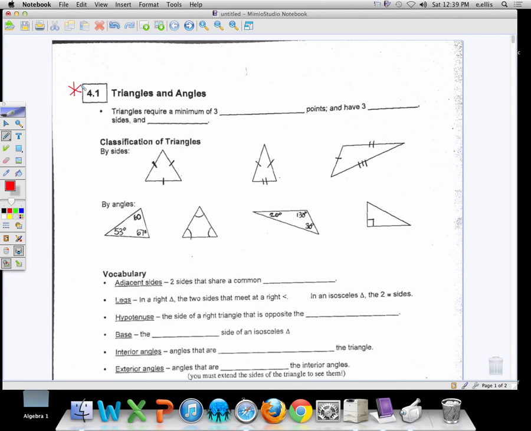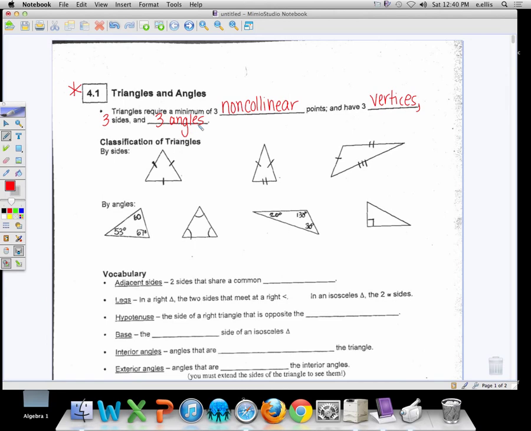Triangles require a minimum of 3 non-collinear points, so 3 points that are not in a line together. They also need to have 3 vertices, 3 sides, and they will have 3 angles. Triangles, tri means 3, so 3 of pretty much everything.